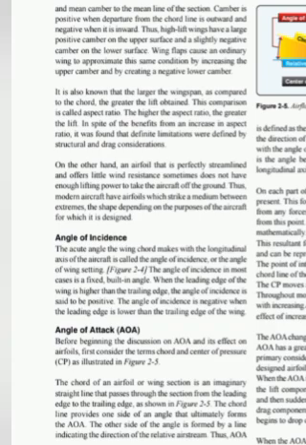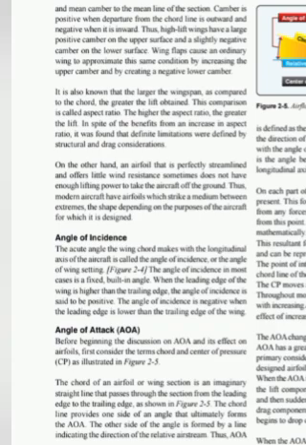Angle of attack. Before beginning the discussion on angle of attack and its effect on airfoils, first consider the terms chord and center of pressure, as illustrated in Figure 2.5. The chord of an airfoil or wing section is an imaginary straight line that passes through the section from the leading edge to the trailing edge, as shown in Figure 2.5. The chord line provides one side of an angle that ultimately forms the angle of attack.